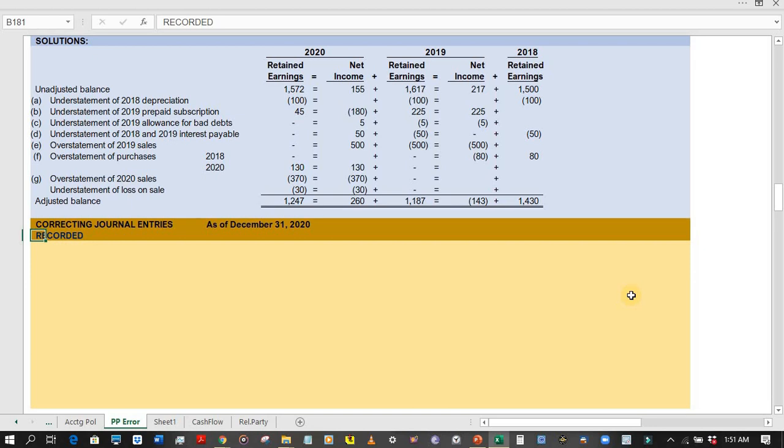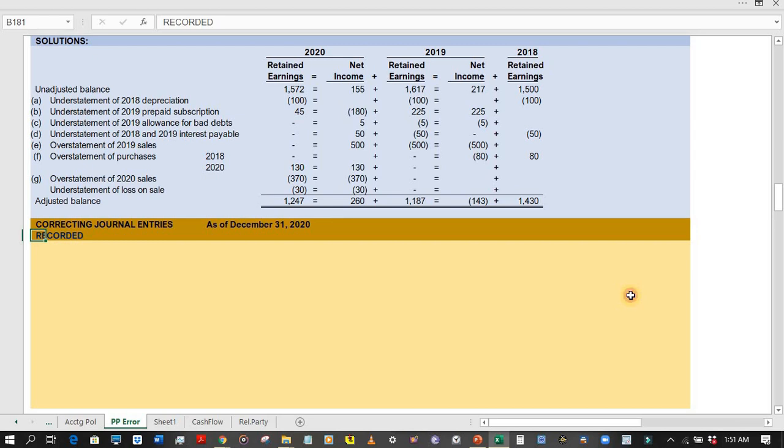However, for errors that were committed in 2019 and 2018, we can no longer use nominal accounts to correct those net income. However, we can still adjust the retained earnings at the start of 2020, and that is the retained earnings ending in 2019. Again, if we are going to correct the 2019 and 2018 net income, we are going to correct the beginning balance of the retained earnings for 2020.